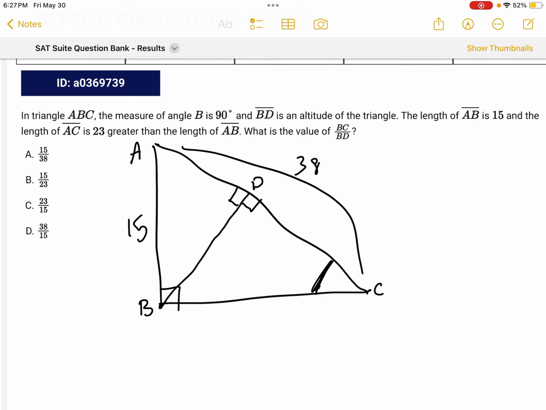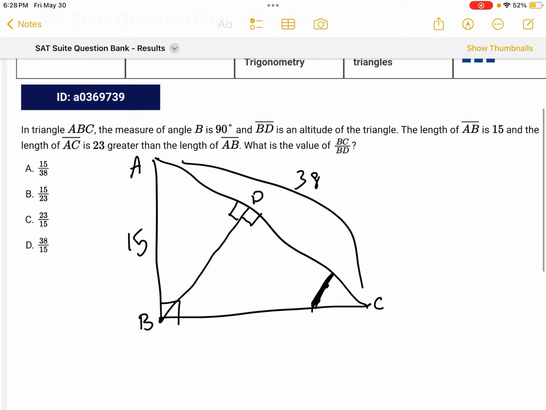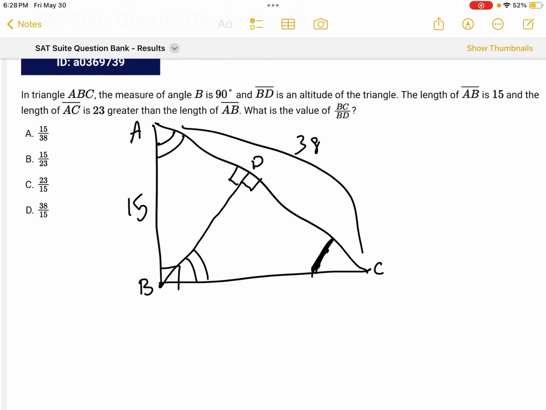If you notice, triangles BDC and ABC share this angle C that I've outlined in black. They also share a right angle, which means that angle DBC is congruent to angle BAC, so we have some similar triangles on our hands.